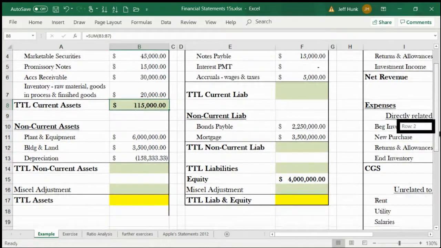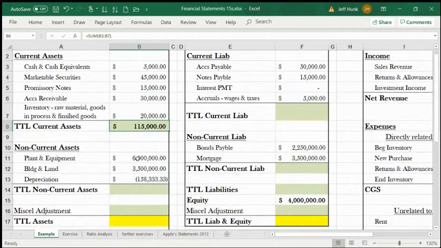And then non-current assets, again, you can sum this, but there is depreciation, right? At the end of the year. At time 0, everything is brand new, so there is no depreciation. At time 1, there will be depreciation. At time 2, there will be depreciation.